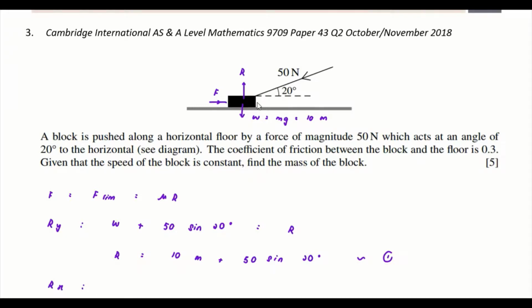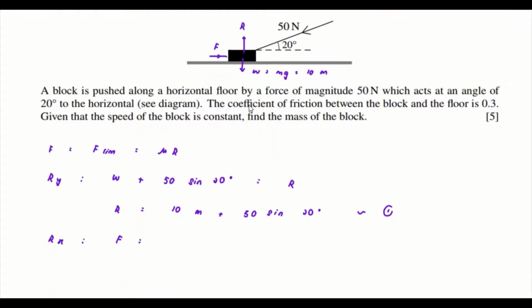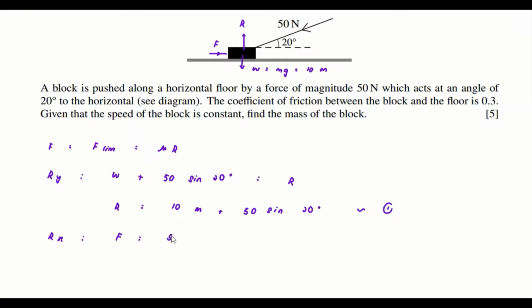What we have is the force here going right, and we do not have other forces going right. So F will be equal to, since this is going to the left hand side, 50 cos 20. For this question we can straight away solve it. Our force here is our friction, so our friction is equal to mu R. So mu R will be equal to 50 cos 20.